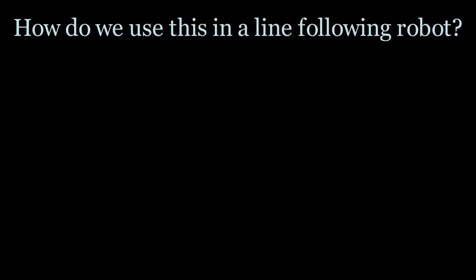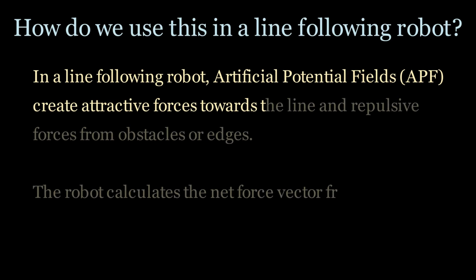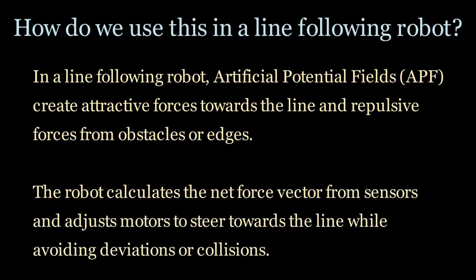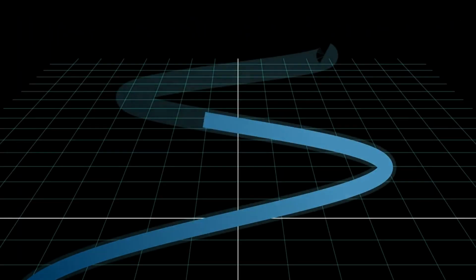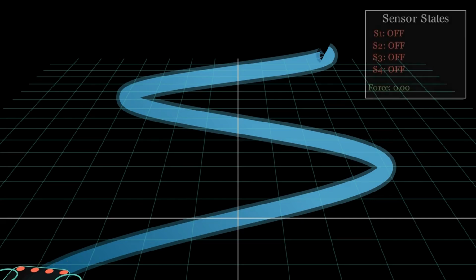Now applying this to line following robots, the track will exert an attractive force on the robot. The sensors will exert an attractive force towards the track, and the space where there is no track will exert a repulsive force. Looking at this visually, the track has a negative potential, the sensors positive.